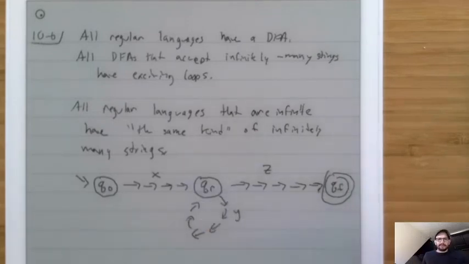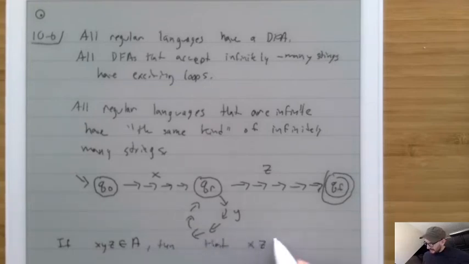Okay, so what does this mean? This means that if XYZ is inside of this language A, then XZ is inside of the language, and XYYZ is inside of the language, and XYYYZ is inside of the language, and so on.